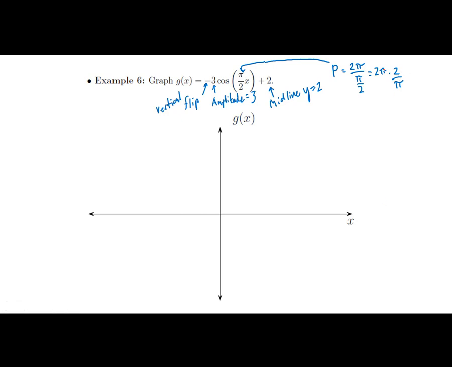Now my period is not any kind of multiple or fraction of pi over 2, but just the number 4. So you can see why I left this blank, because I don't want to put tick marks at fractions or multiples of pi. This thing has a period that doesn't involve pi at all.